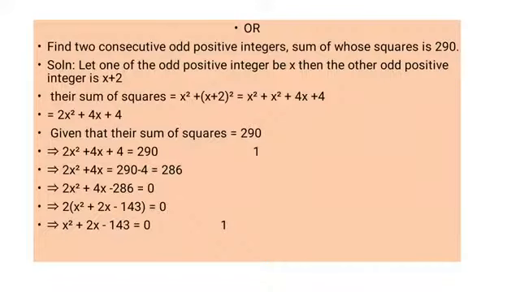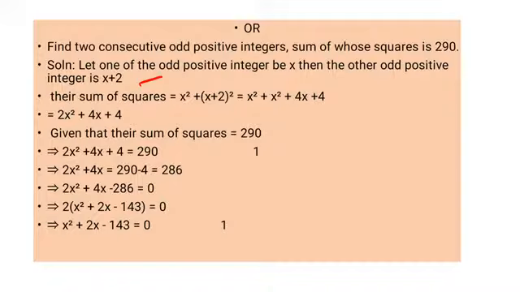This is the optional question. Find two consecutive odd positive integers, sum of whose squares is 290. The solution is, let one of the odd positive integers be x. Then the other odd positive integer is x plus 2.